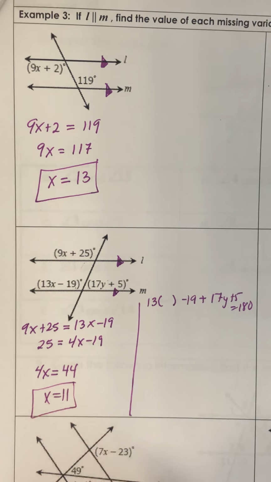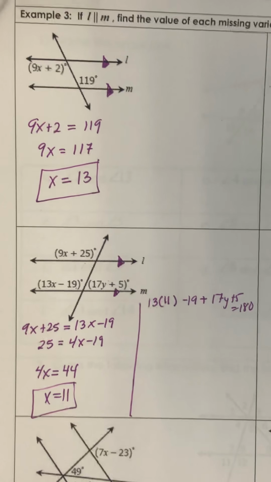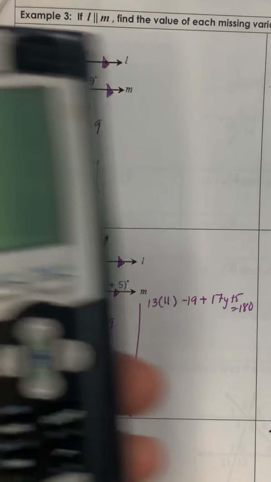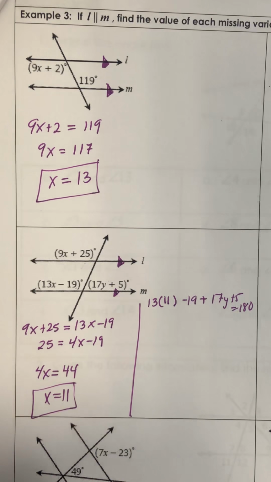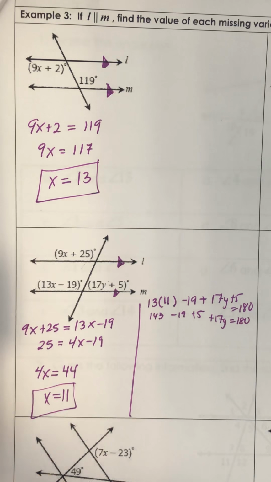I'll get out the calculator. 13 times 11, that's 143, minus 19, let's see, I want to just put all the like terms together, plus 5, plus 17y equals 180. So I have 143 minus 19 plus 5, that's 129.